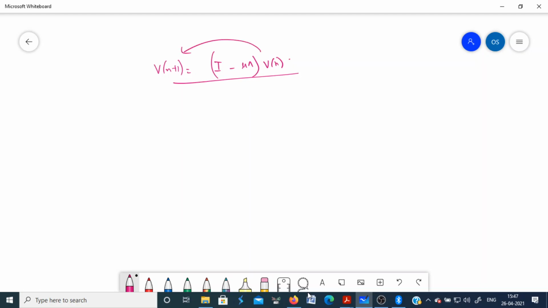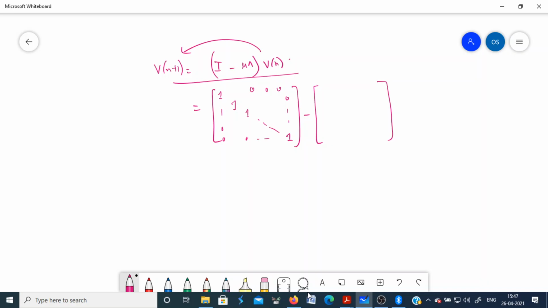It means this is how you get the vector at n+1 from time n. I is your identity matrix. If you have m cross 1 filter weights, it will be an m cross m matrix. So it is an identity matrix where all the diagonal elements are ones, and all other elements are zeros.